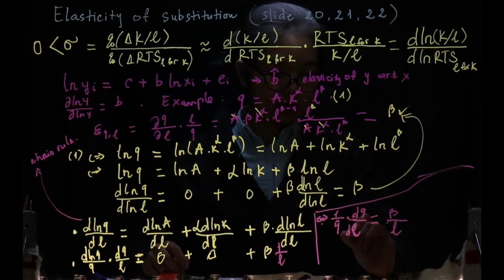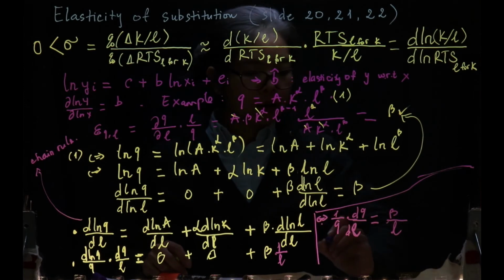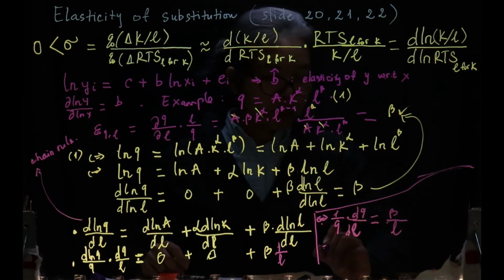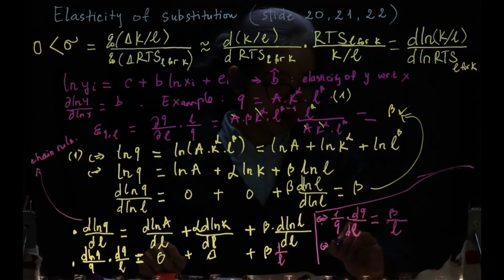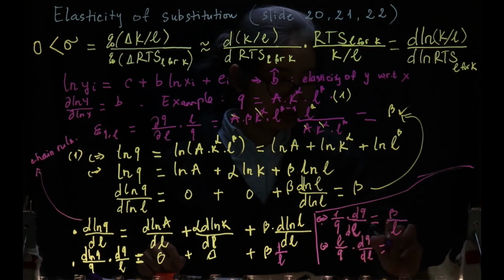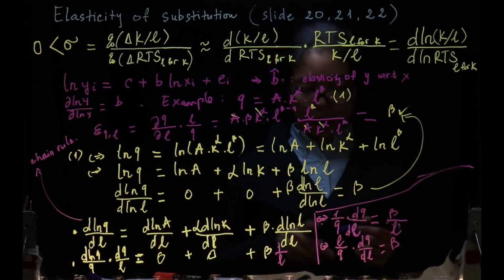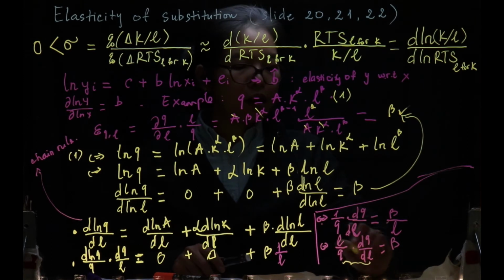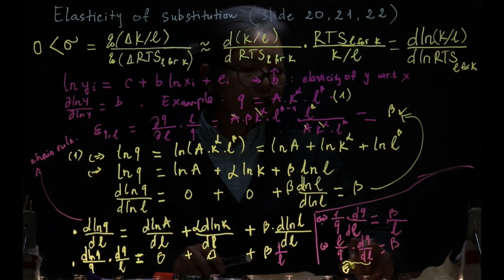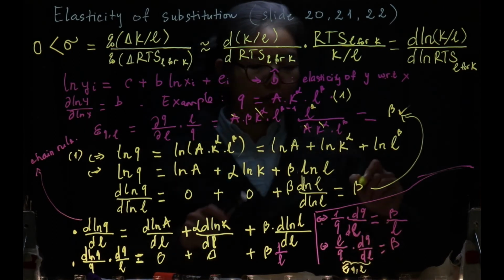This L is a little bit ugly, but that's fine. Then now if we multiply both sides by L, what happened? We will have L over Q times dQ over dL equal beta. And this is exactly the elasticity of Q with respect to L, right?